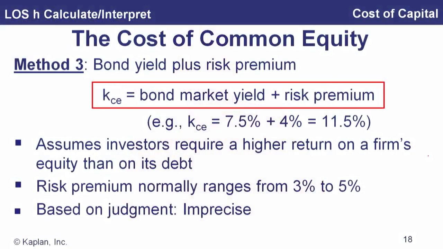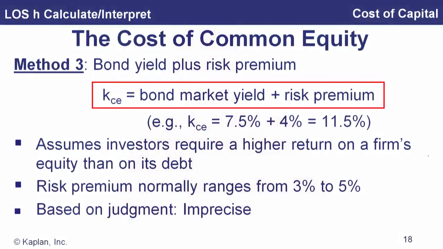And our third method for estimating the cost of common equity is probably the easiest of the three. When we don't have the stock trading publicly, we can't estimate its beta, we can use this. It's a little bit of an ad hoc, somewhat arbitrary approach. But the idea is, well, the stock's riskier than the bonds. So if we've got bonds trading, or we can estimate our cost of debt from whatever sources, then we can just add a premium to that, an equity risk premium.